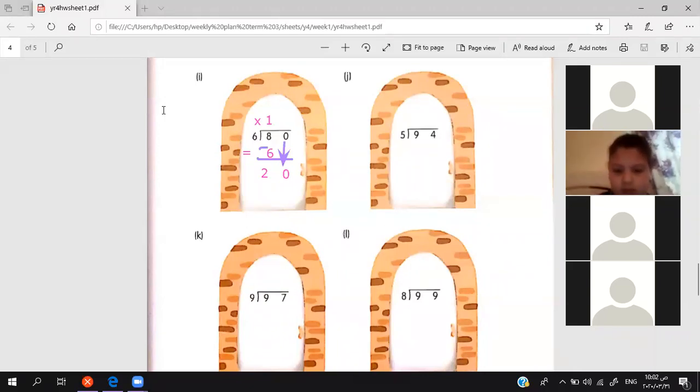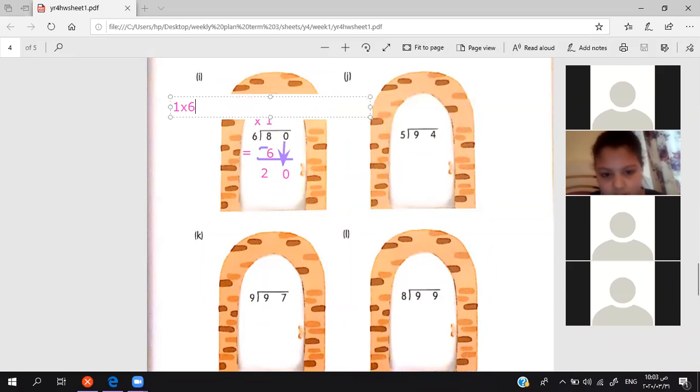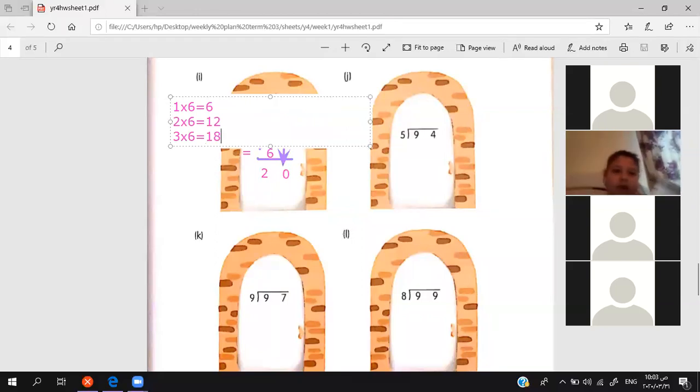Nothing, but I will look for numbers smaller. A smaller number. Let's see. I know that 1 times 6 gives me 6. 2 times 6 gives me 12. 3 times 6 gives me 18.